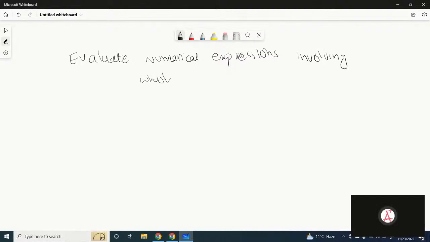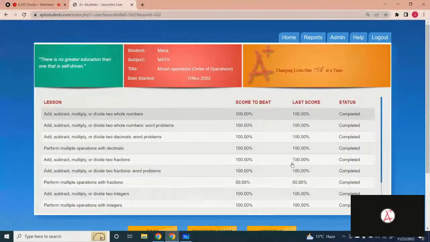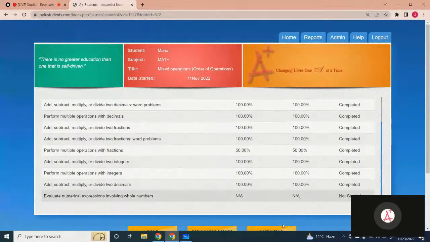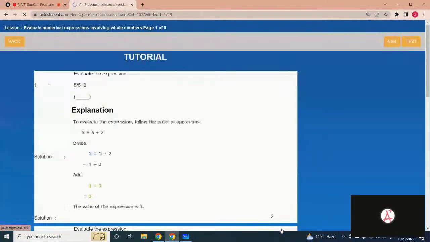So let's start with the topic. Here is the topic, evaluate numerical expressions involving whole numbers.